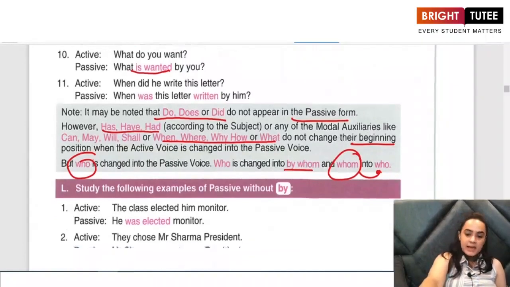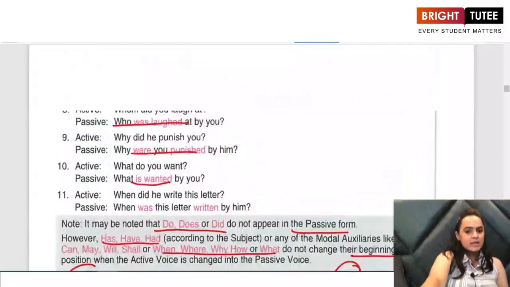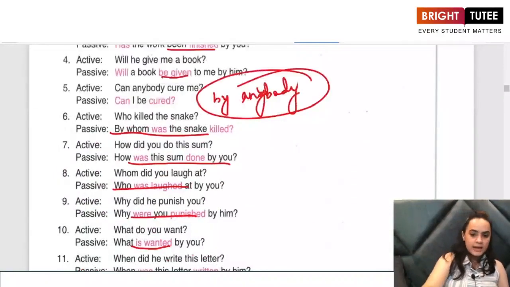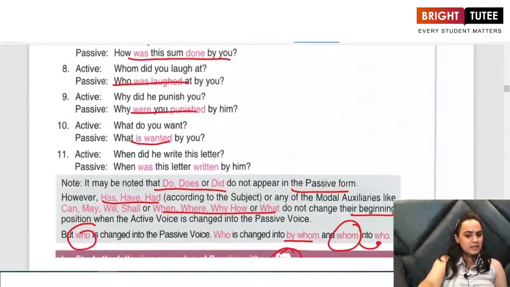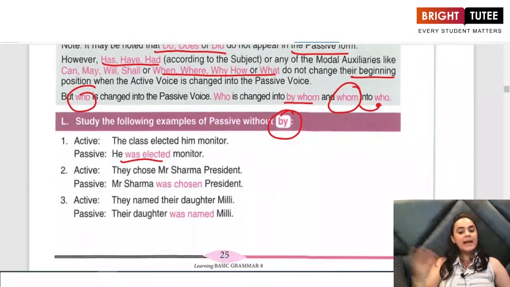Okay. Now, let us look at a few examples in which we do not use by. We just discussed one example in interrogative only. Here, by anybody. Can anybody cure me? Can I be cured? We did not use by anybody here because it was not required. Similarly, we have more examples. The class elected him monitor. He was elected monitor by the class.